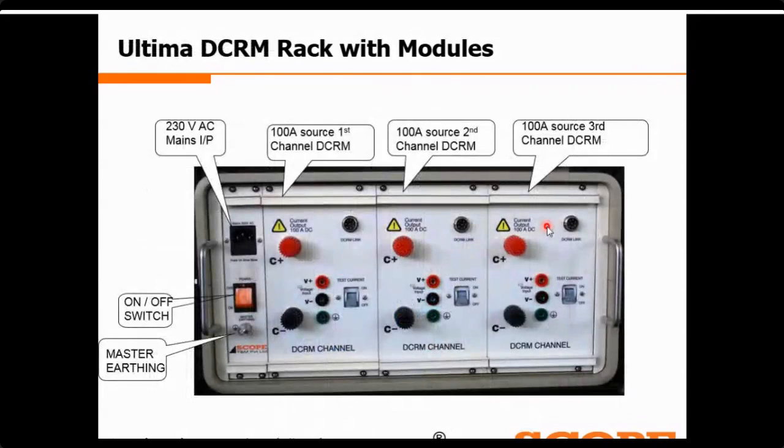Along with that, this is the DCRM unit. In one rack, just before going to DCRM, first I would like to highlight the current channel. Here we can measure coil current up to 25 ampere. This particularly I would like to highlight. Also, we have short circuit protection in our equipment, so we have given extra features.